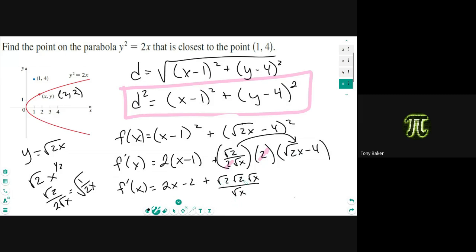So that becomes 2 and those cancel out. So that's 2. And then that times 4 gives me negative 4 over the square root of x. So those will cancel out. And then left with that, which should give me 2.